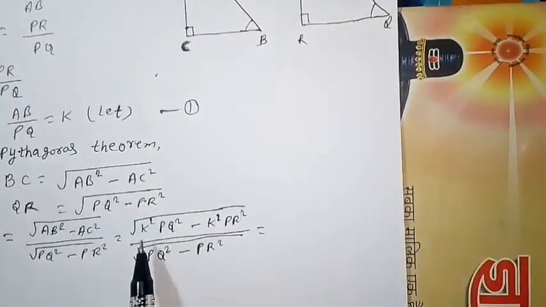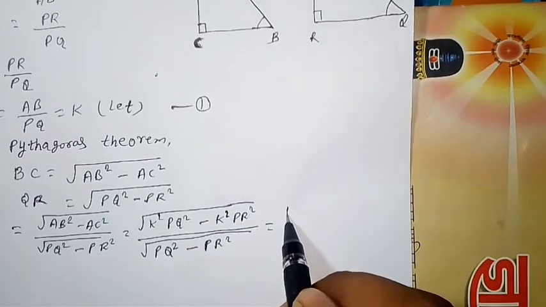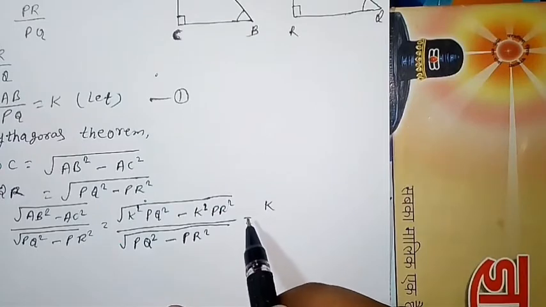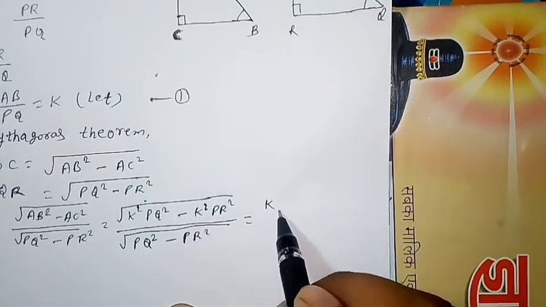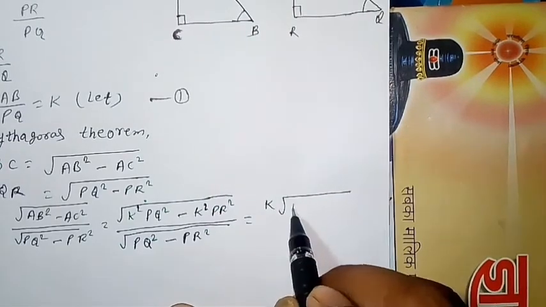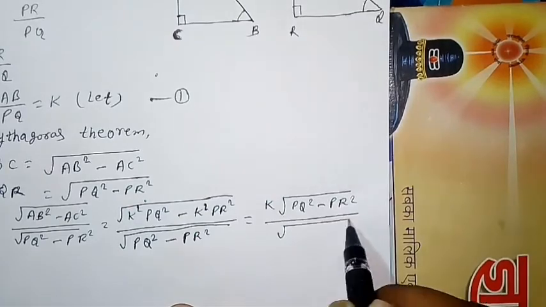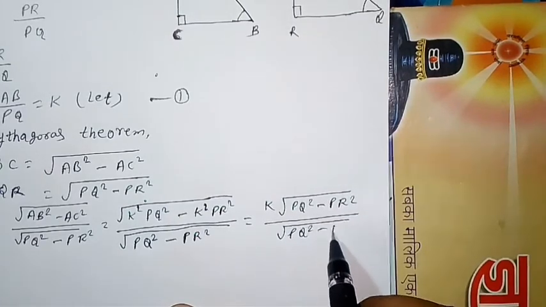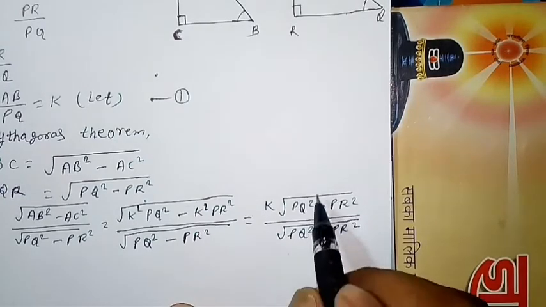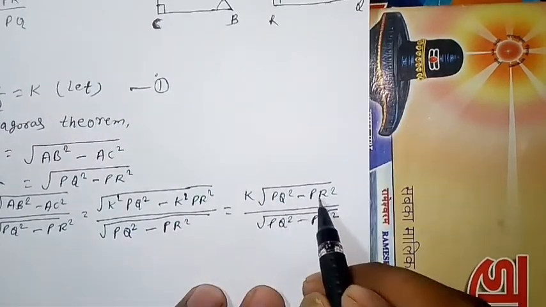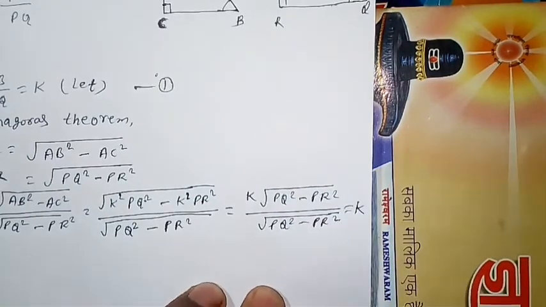Now K square is common in both, so root under K square is equal to K outside of the root, and inside the root PQ square minus PR square by root under PQ square minus PR square. Now this cancels, and I get K.